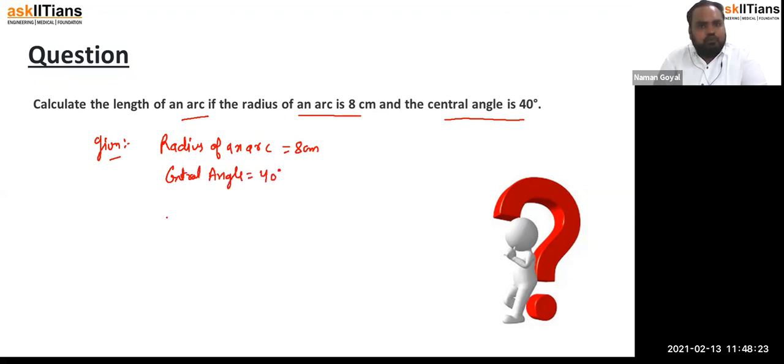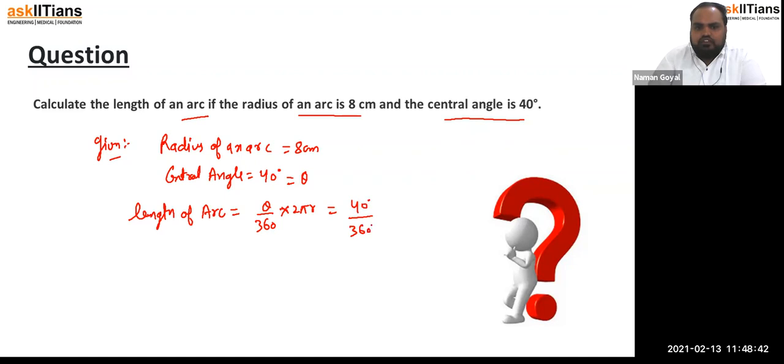We know the formula for length of arc is theta upon 360 degree into 2 pi r. So theta is 40 degree upon 360 into 2 into pi into r, which is 8 centimeter. You can take pi as 3.14.